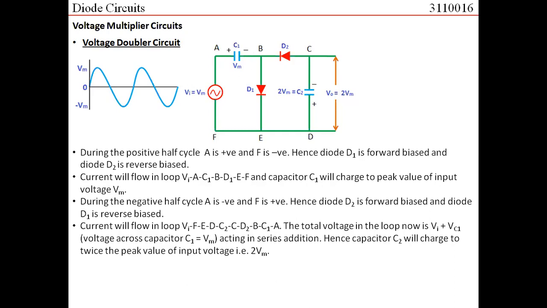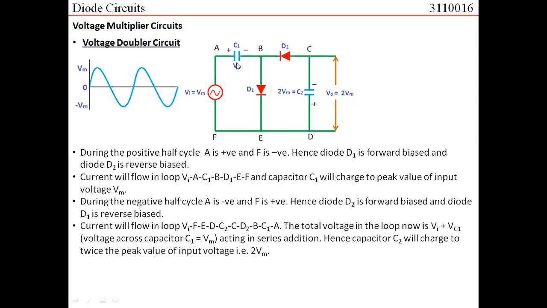So if we try to find what is the peak value of voltage that can be in this loop, then it would be the peak voltage of input voltage equal to Vm and the voltage stored across capacitor C1 which is equal to Vm. So the total voltage in the loop is Vi plus Vc1.